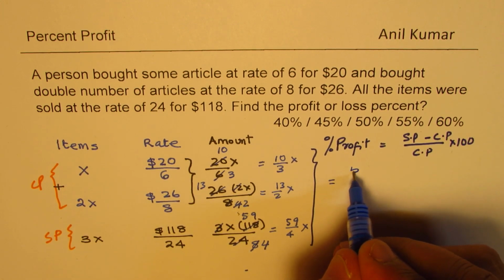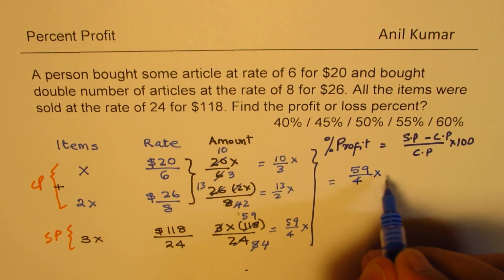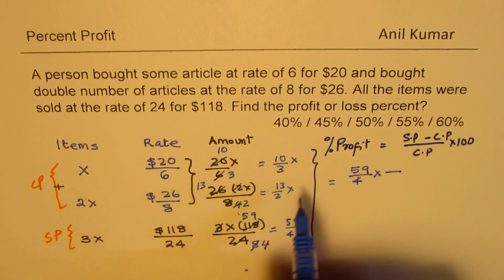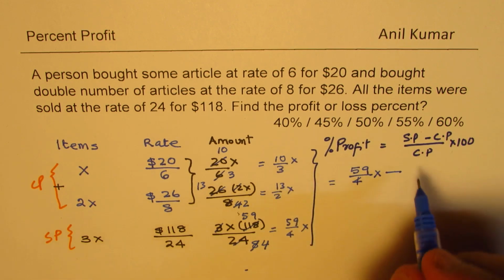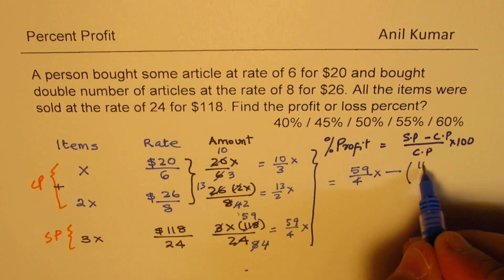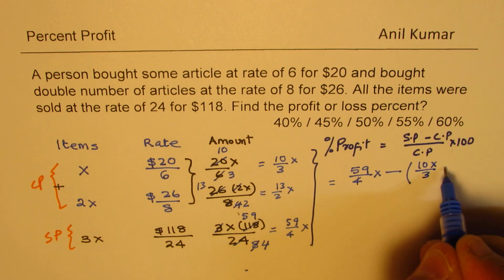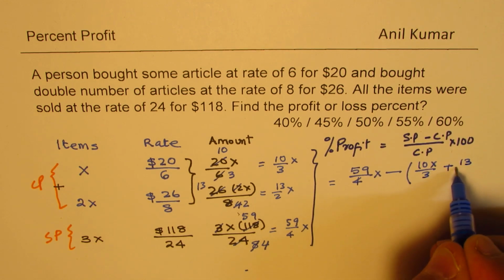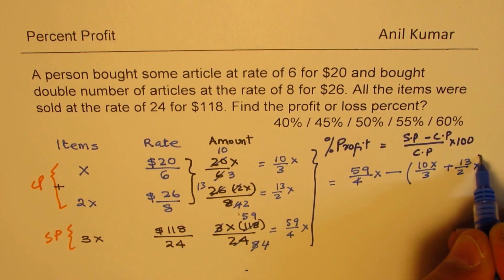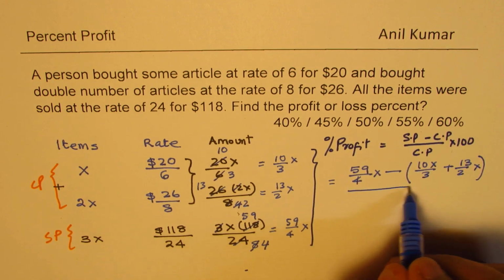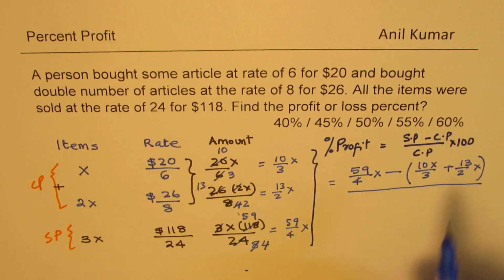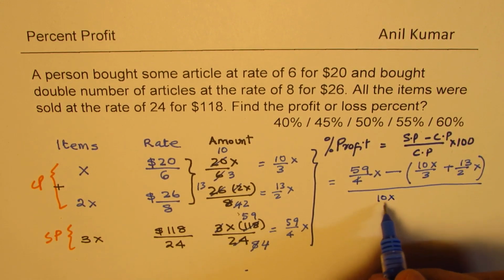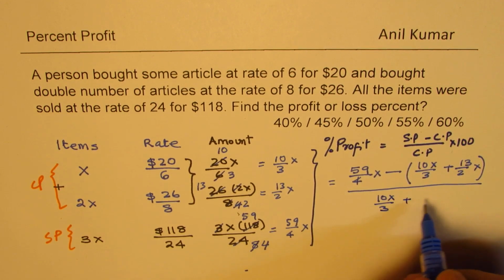So we have 59x over 4 minus the cost price. We need to add these two, which is 10x over 3 plus 13x over 2. So that is the cost price, divided by cost price, which is the sum of these, which is 10x over 3 plus 13x over 2.